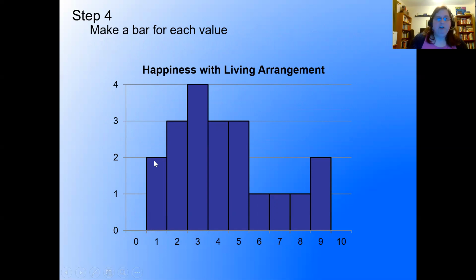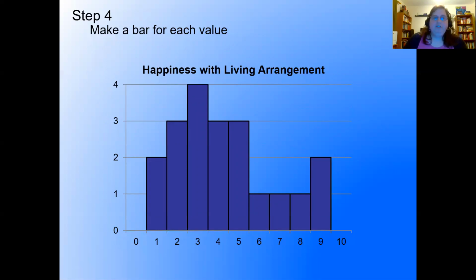The value 1 had a frequency of 2, so it gets a bar right here. The value 2, excuse me, that was 1, that was 2. The value 3 had a frequency value of 4, so it gets the bar right there. And so on and so forth throughout the whole histogram.